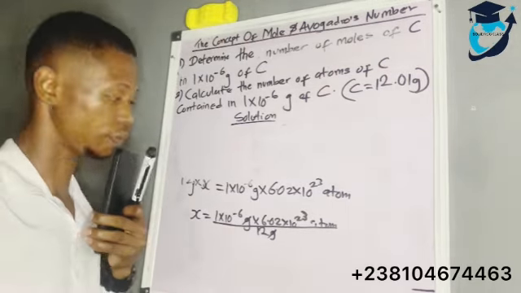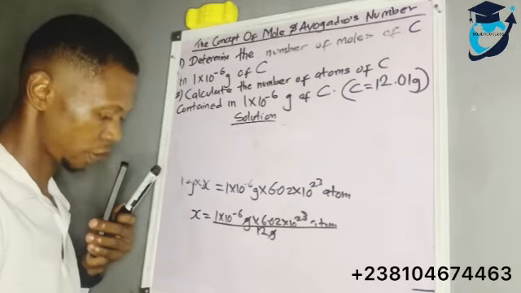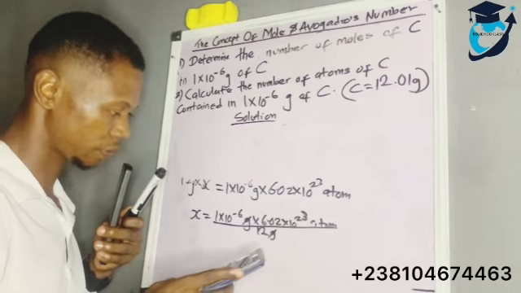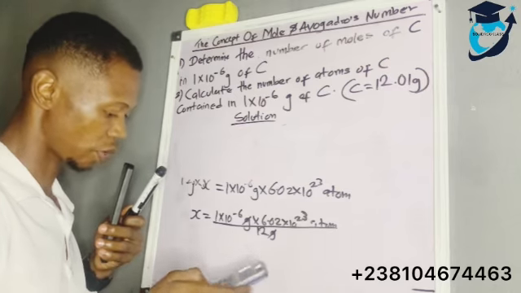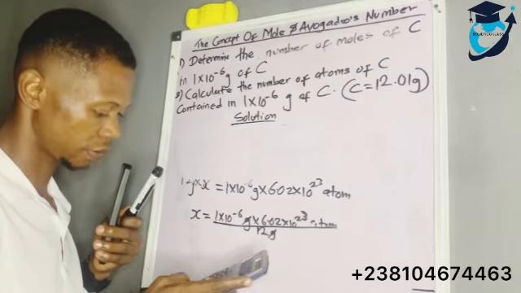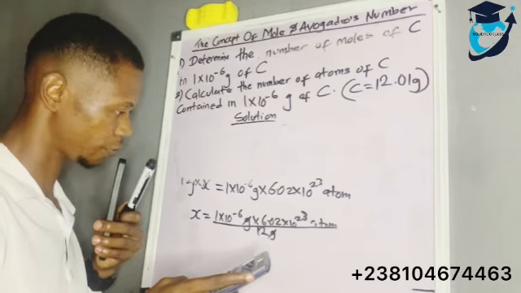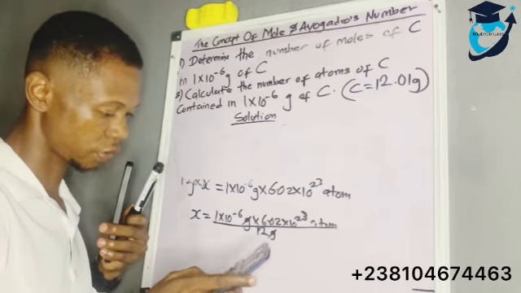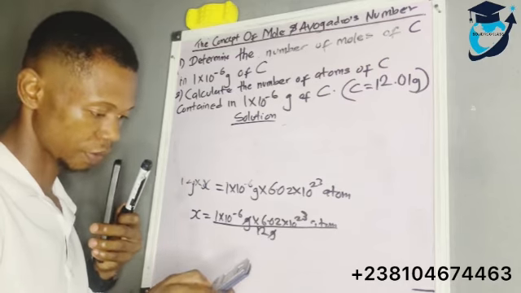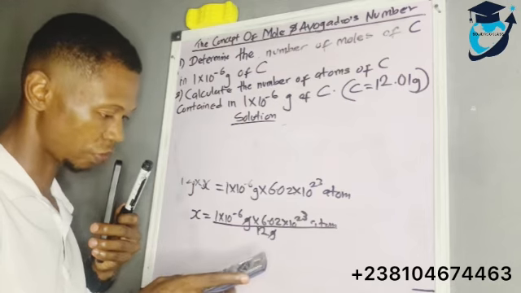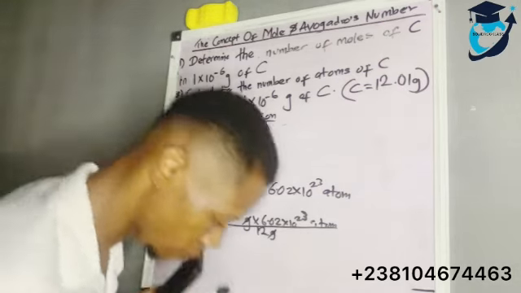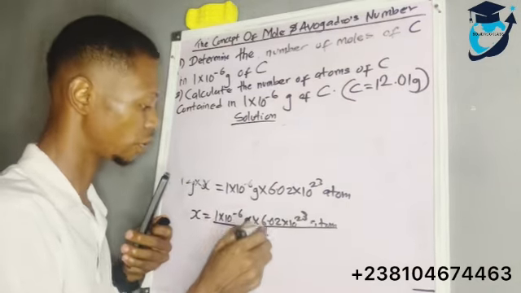If you check your calculator, let us punch it. 1 times 10 raised to the power of minus 6 times 6.02 times 10 raised to the power of 23, all divided by 12.01.